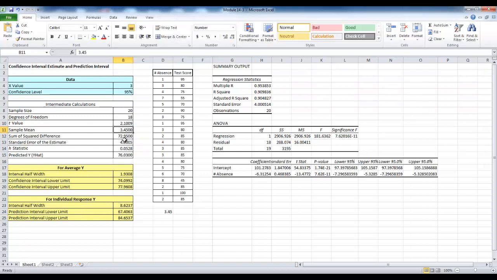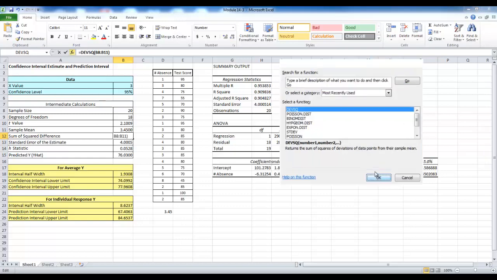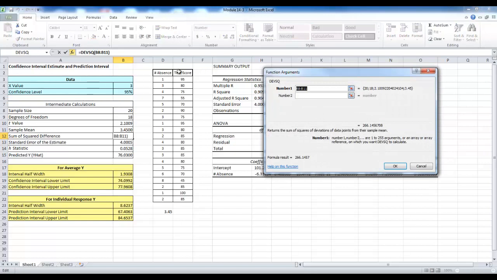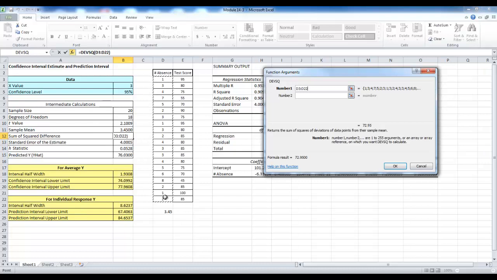Sum of square differences. We never used this function before. The function is DEVSQ. So I click OK here, and then I highlight our x values.